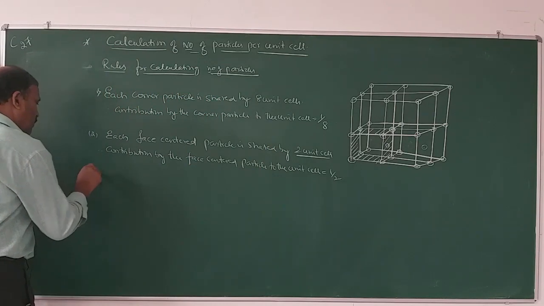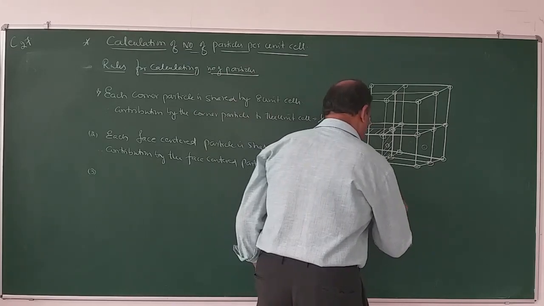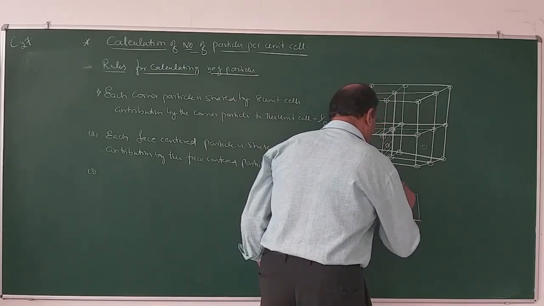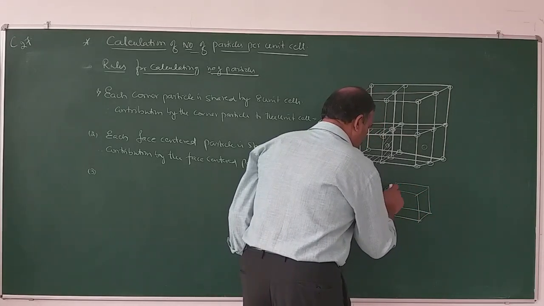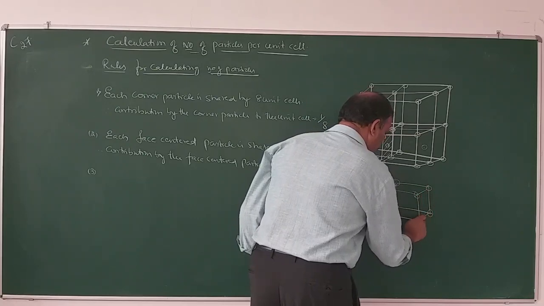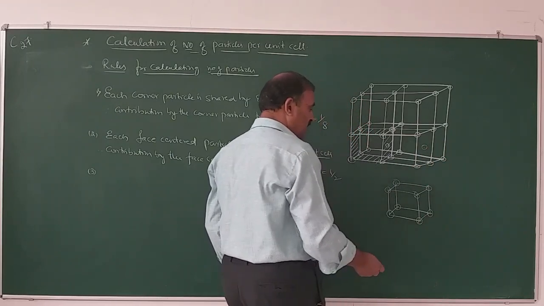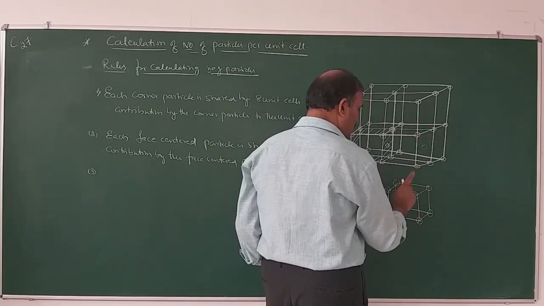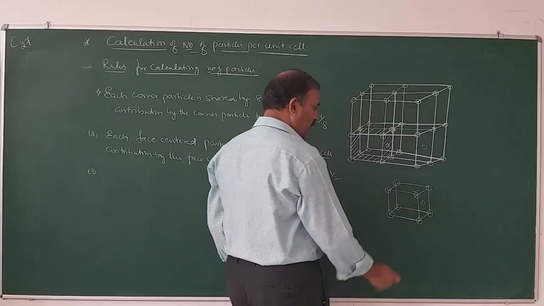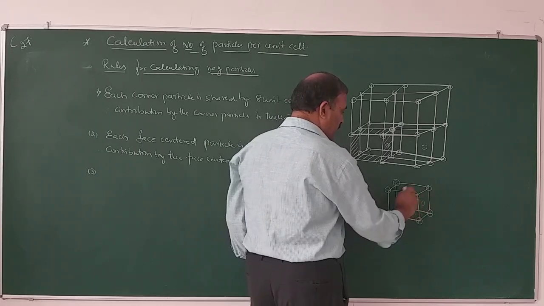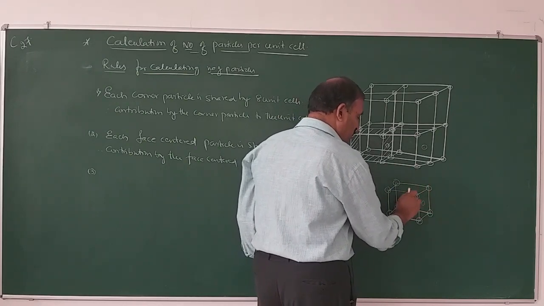And third rule, each body-centered particle. Suppose this is the unit cell, so here are corner particles. Each corner particle is shared by 8 other unit cells. Contribution by the corner particle to the unit cell is 1 by 8. If there is a face-centered particle, each face-centered particle is shared by 2 unit cells and the contribution by the face-centered particle to the unit cell is half.